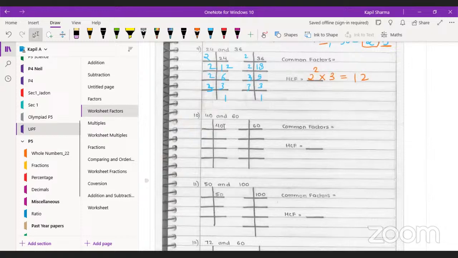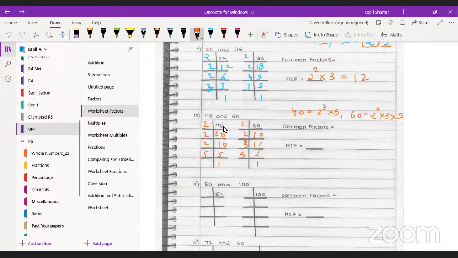Next one. 40 and 60. So 2 times 20, 2 times 10, 2 times 5, 5 times 1. So 40 is 2 cube times 5. 60 is 2 square times 3 times 5.